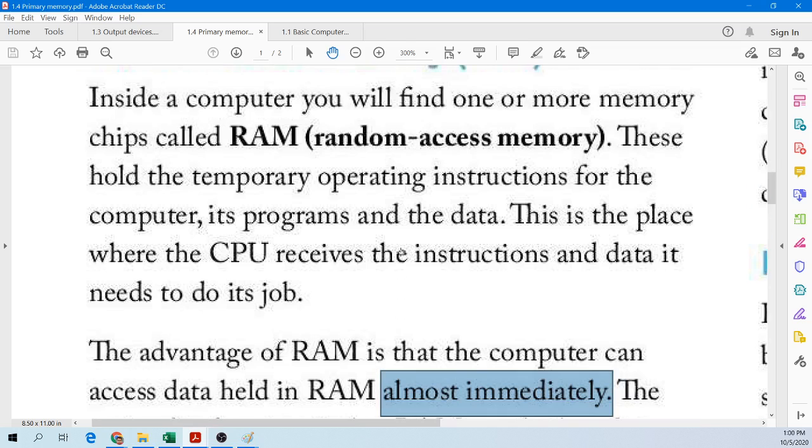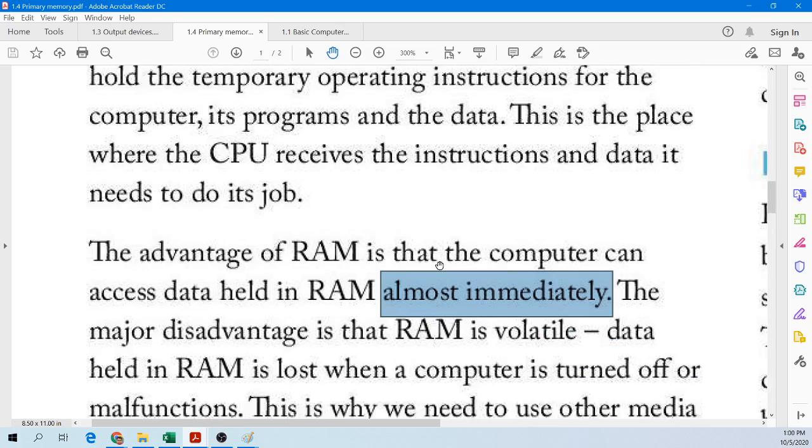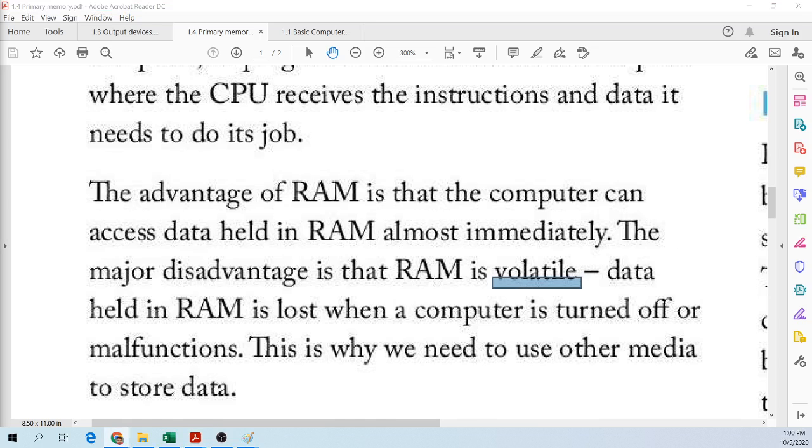Because as I mentioned, the CPU processes data very quickly. So we need something that sends that data very quickly also. Now the disadvantage of RAM is that it is volatile. What the word volatile means is that when the computer is turned off, or when you lose electricity, anything that you have in RAM is gone.